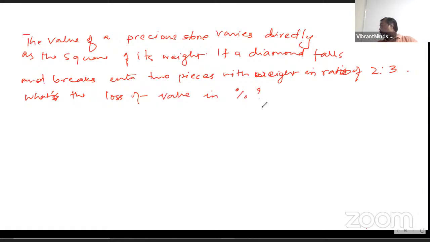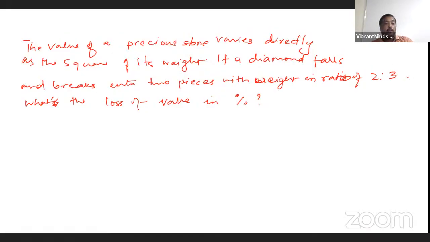What is the loss of value in percent? Okay. Now please see.